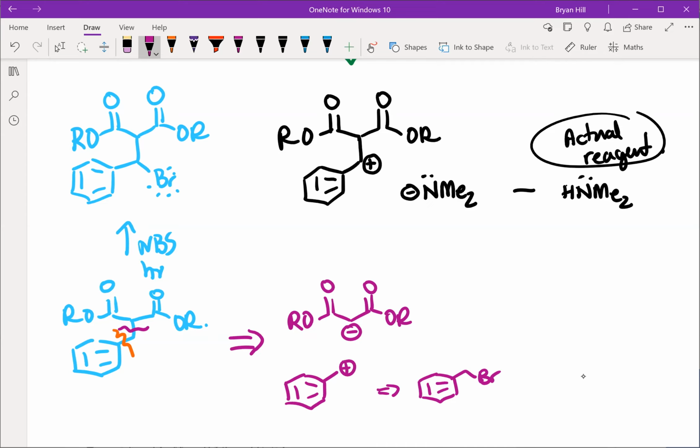So this synthesis is entirely possible. My only concern is this step right here, the NBS and UV light. There is a way to reduce the number of steps for this synthesis by using what would be a 2-group disconnection type of stuff.